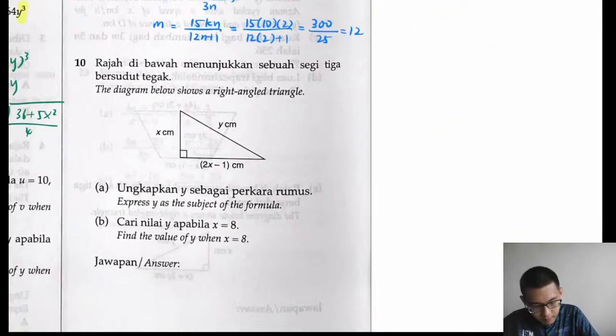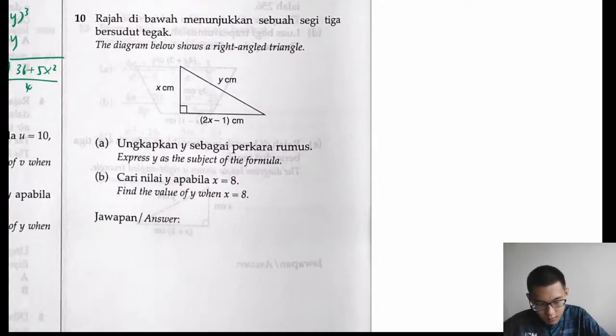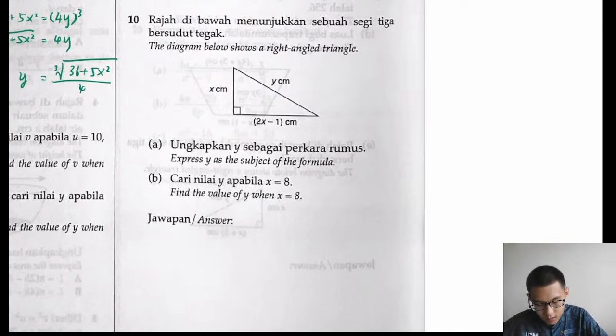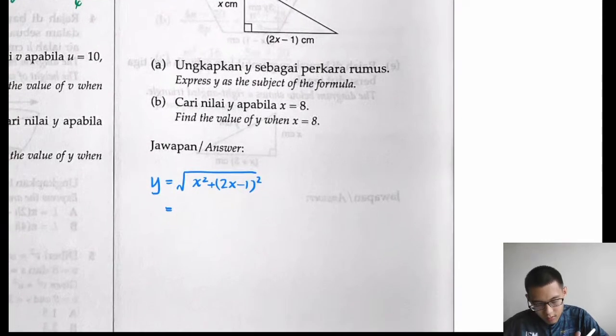Question 10. Express y as a subject of formula. Okay, this question is quite similar to the one just before. y equal to square root of x squared plus 2x minus 1 squared. Okay, so maybe our answer should be this one.